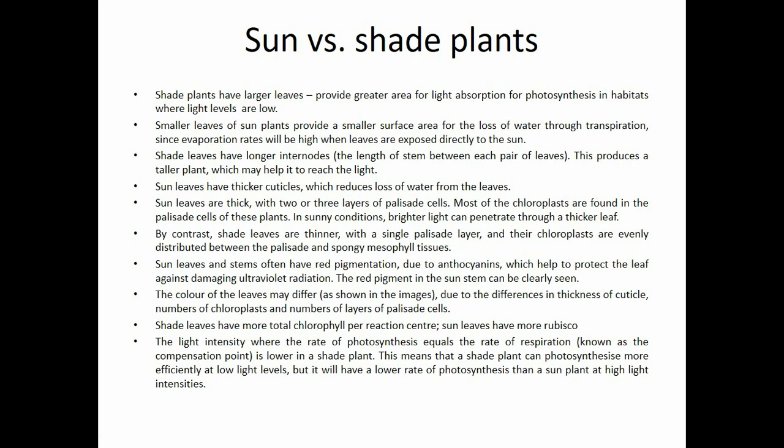And because they're not photosynthesizing as much, they're not respiring as much, which means they have a lower compensation point, which ultimately means that they can photosynthesize more efficiently at low levels, whereas in sun plants, the compensation point is higher.